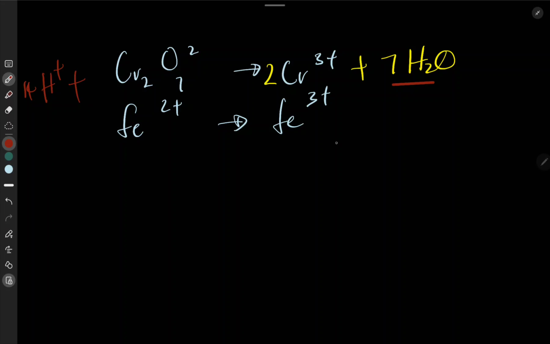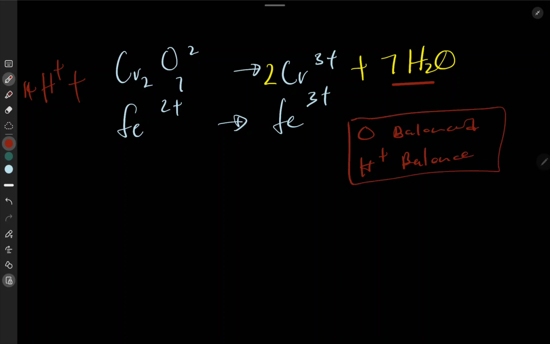Now still on the ion, there's nothing that we need to do there. So we have O balance, and we also have hydrogen balance. By now you should guess what we have not balanced, and that is going to be obviously our next step.